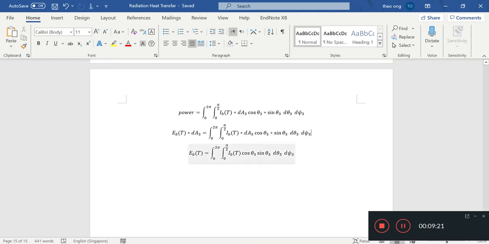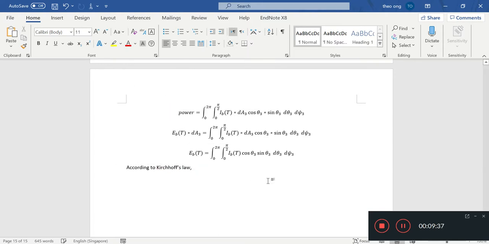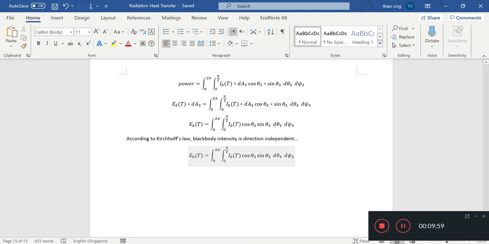And the other thing we need to note, according to Kirchhoff's law, is that black body intensity is direction independent.